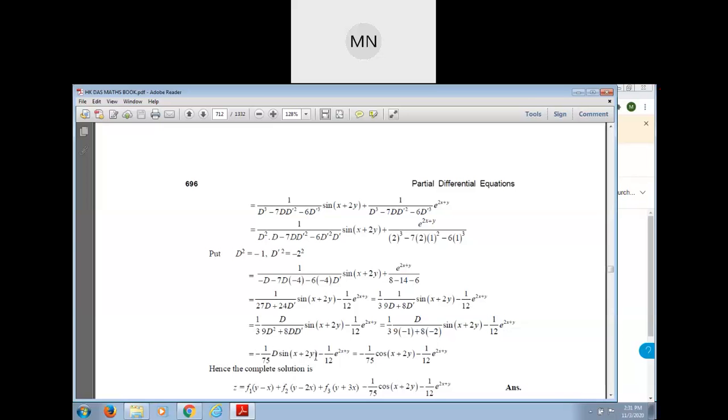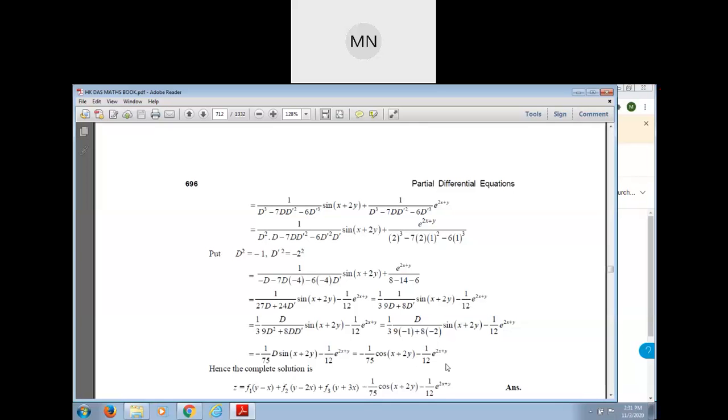So for the x part it is 1, and for the twice y part it will be 0. So ultimately we get the required value, cos of x plus twice y. Okay? Is it clear now?